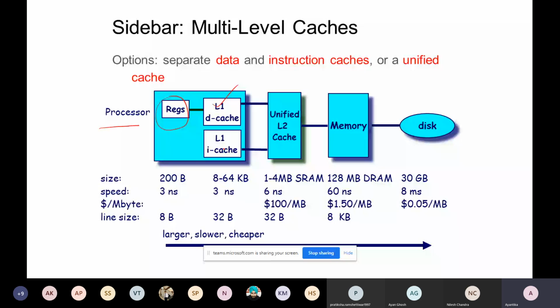And then there is something called the L2 cache. From that L2 cache, we go to the main memory, and then there is the disk or something, which is our secondary storage. So this is our primary memory, and this is secondary storage. This is the L2 cache. It is smaller. We may divide this L2 cache again into data and instruction parts.